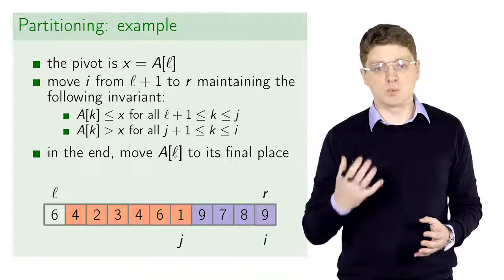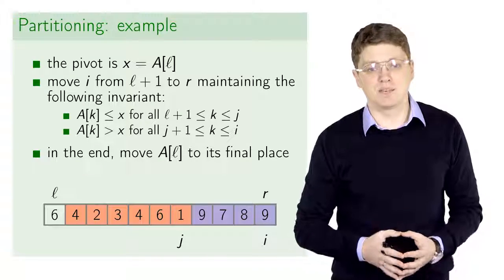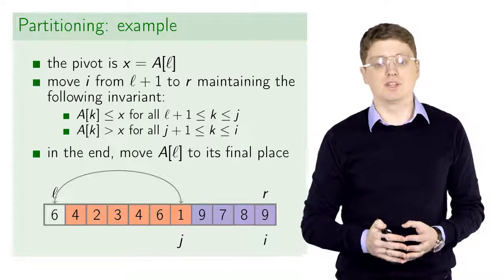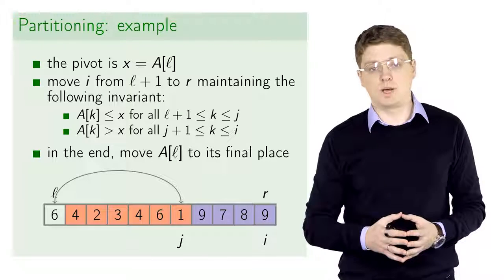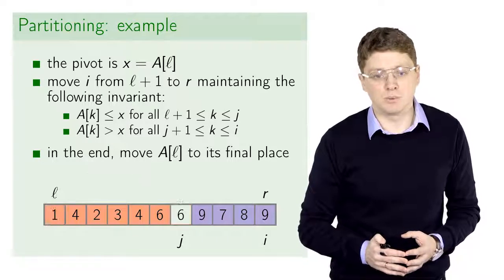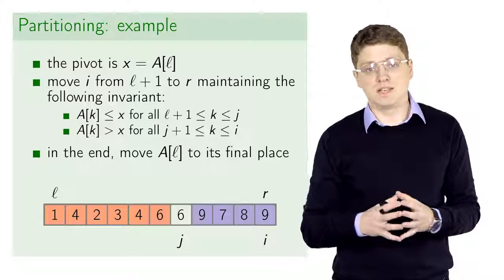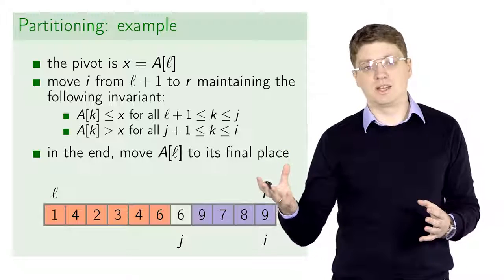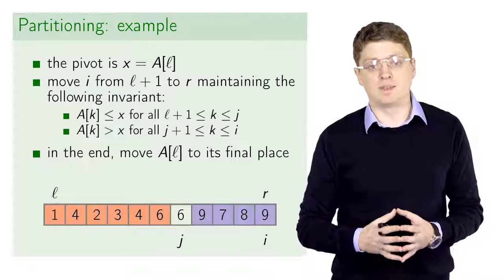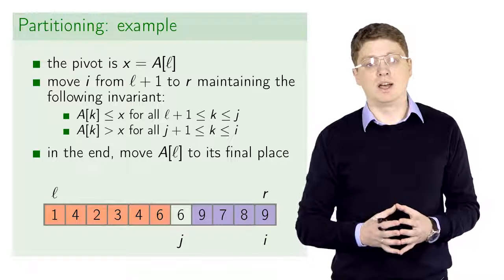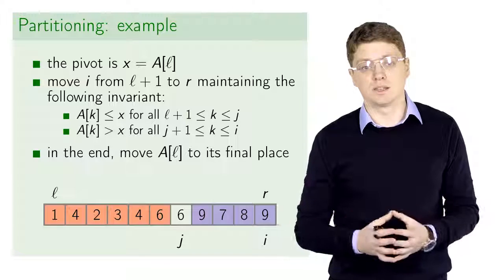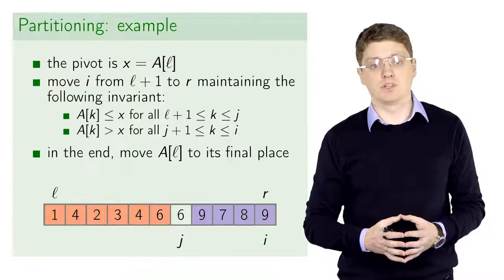So we can just swap 6 with the last element of the red region, right? In this case, it is 1. So if we swap these two elements, then you can see that all the elements in the blue region are indeed greater than 6. All the elements in the red region are smaller than 6. So we are done with this partition procedure.